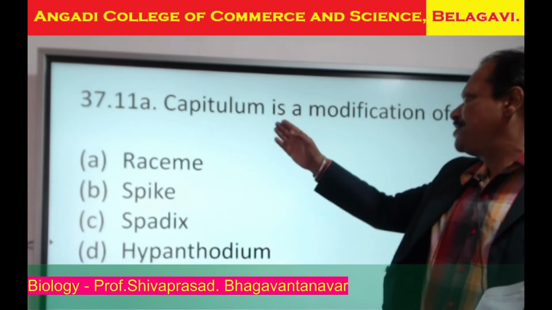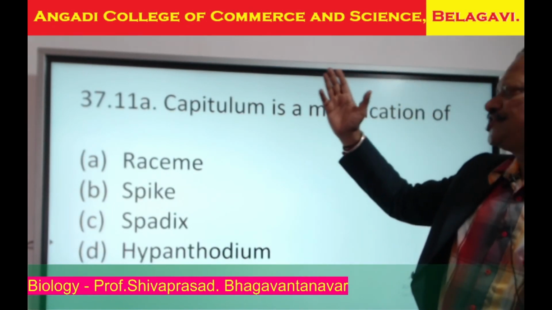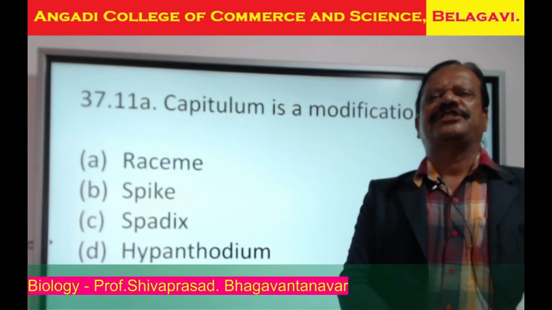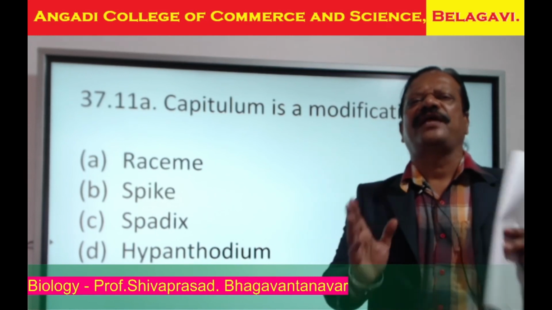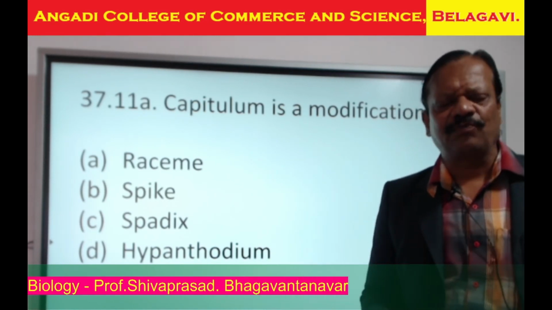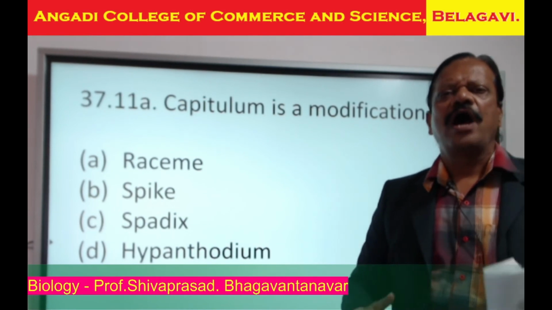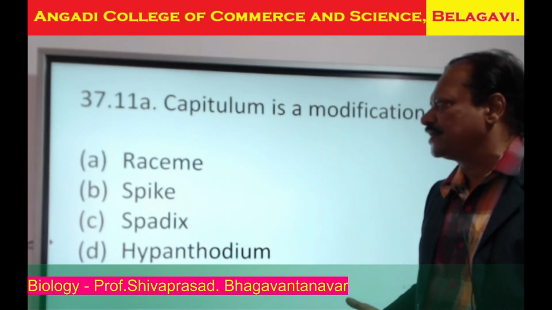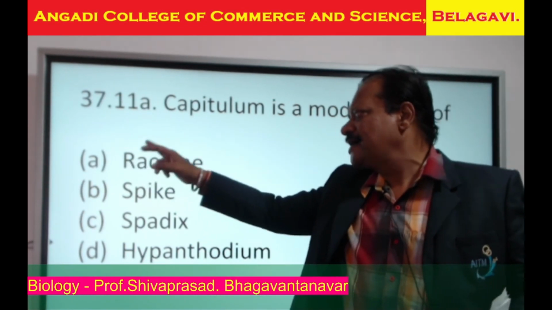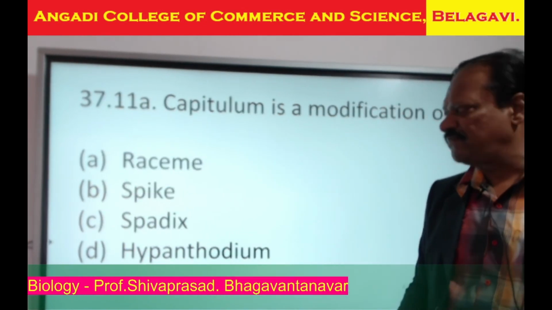Now, capitulum is a modification of racemose type of inflorescence. As I already told, the floral axis continues to grow and produces many flowers. So here the right answer is option A, racemose type of inflorescence.